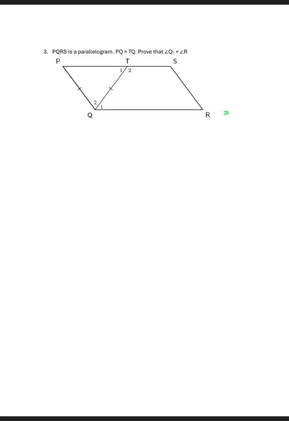With this type of question, to make the problem much easier, we're going to let angle Q1 be X. So we're going to put X here. It will make things easy.